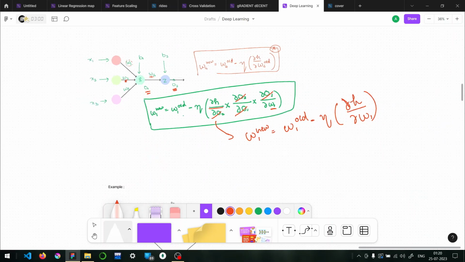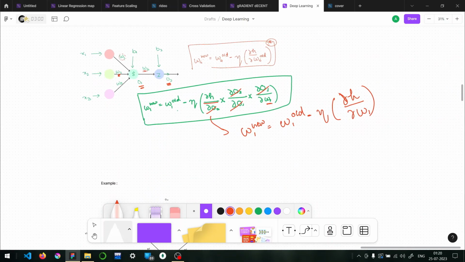So let me write it for W3. For your understanding, W3 new is equals to W3 old. Pause the video and you can try it yourself as well.